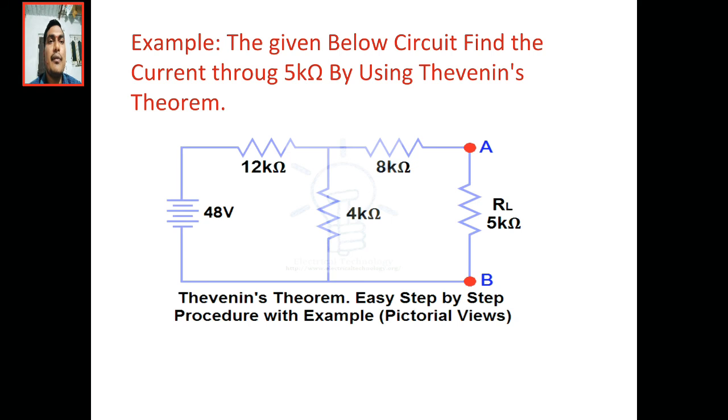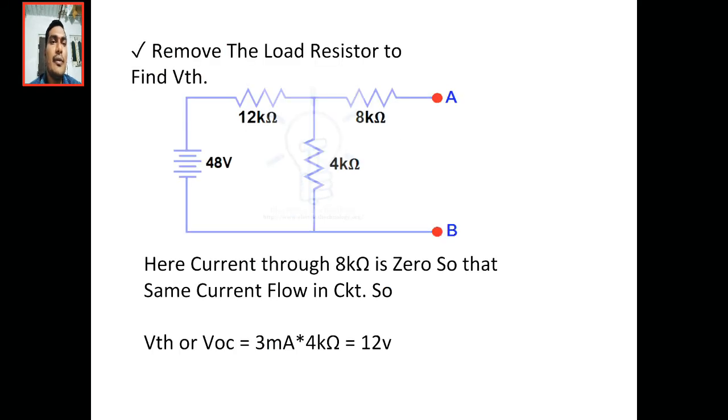So in the first step, what do we have to do? First we have to give current directions, and after that we have to remove the load, the element in which we have to find the current.